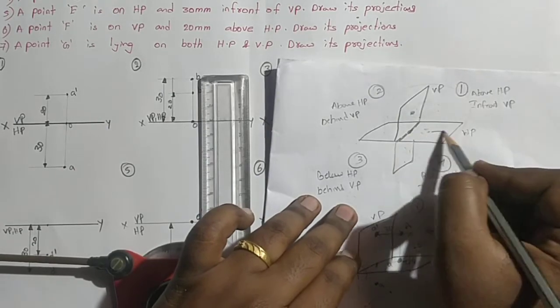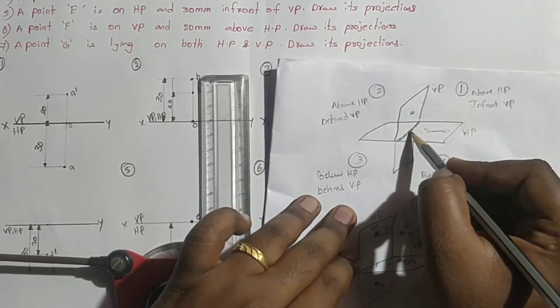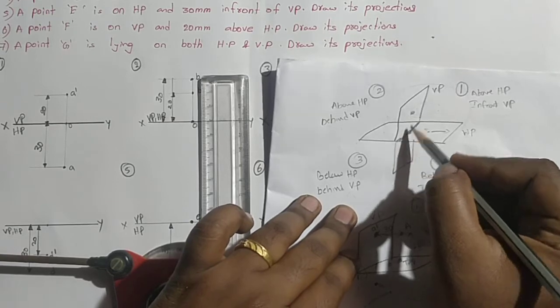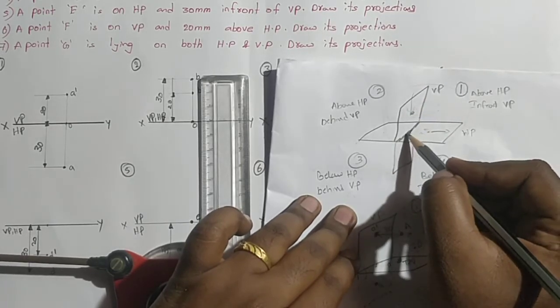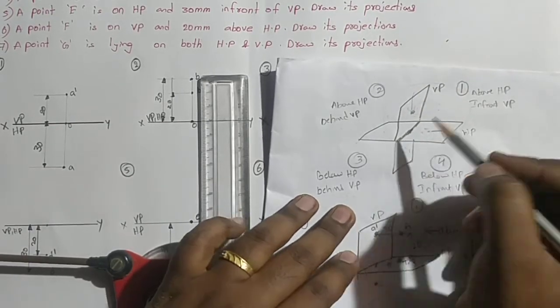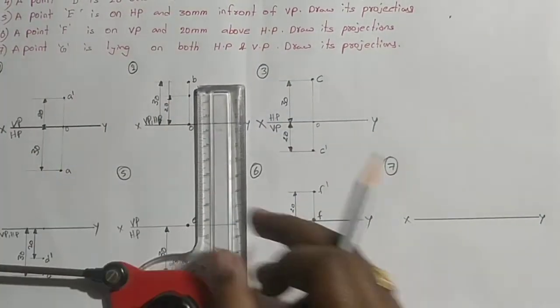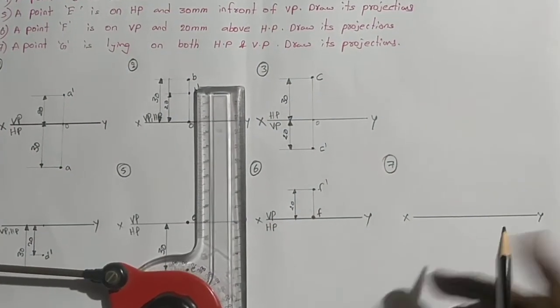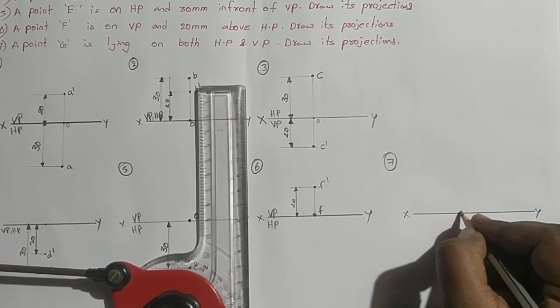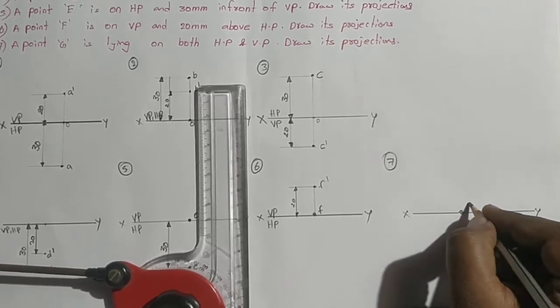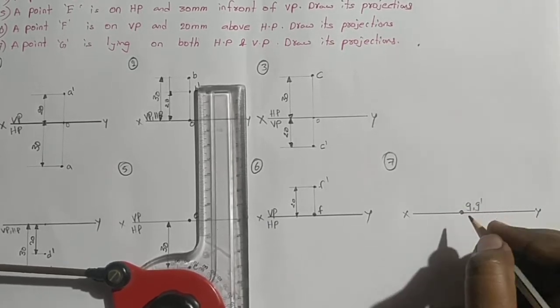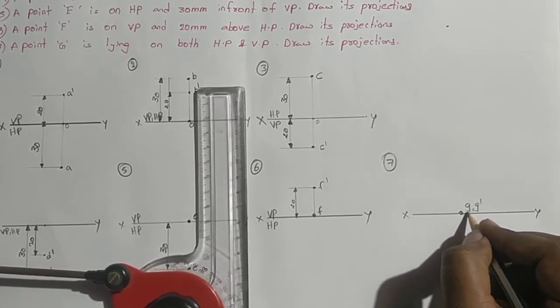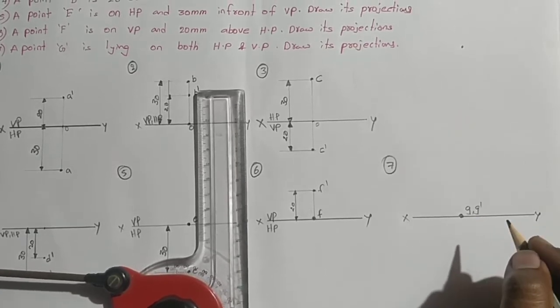Viewed from the front, this position falls on the reference line. In the top view, this position also falls on the reference line. So the position for this condition is on the reference line. It is G comma G dash. G is the top view, G dash is the front view.